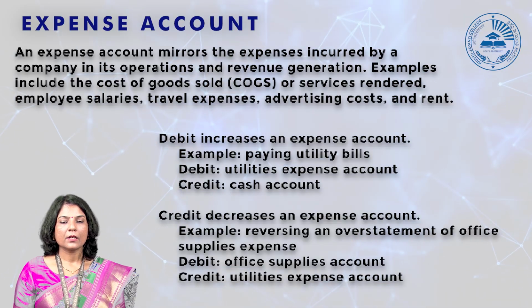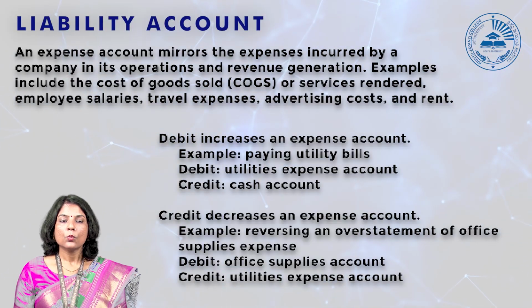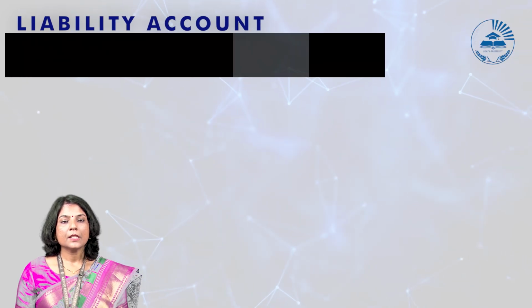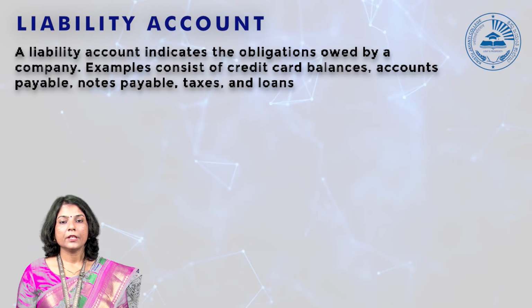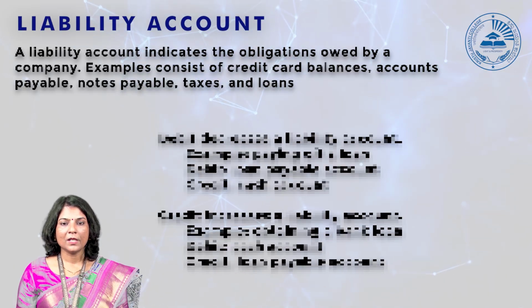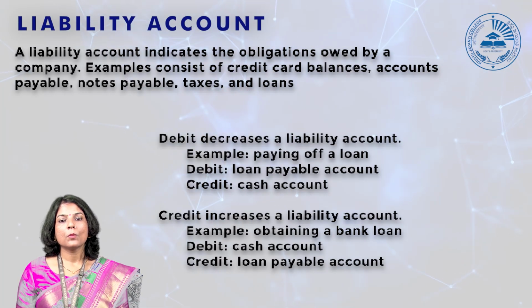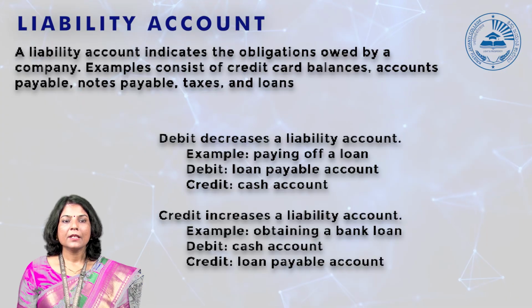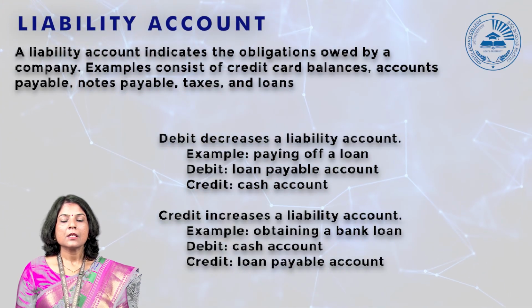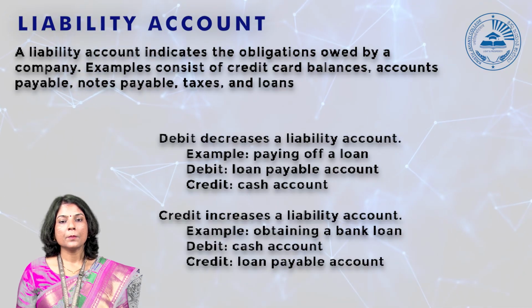The next type of account is the liability account. What is a liability? It is an obligation of the company, an amount the company has to pay in future. A liability account represents obligations owed by a company, for example credit card balances, accounts payable, notes payable, taxes or loans the company has to pay.